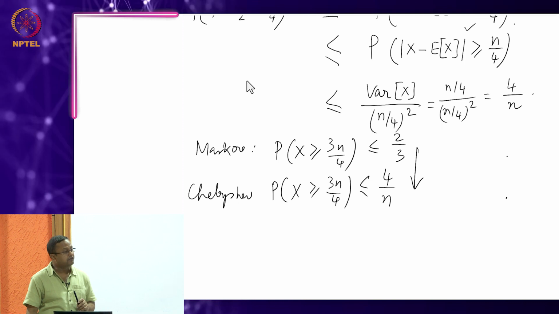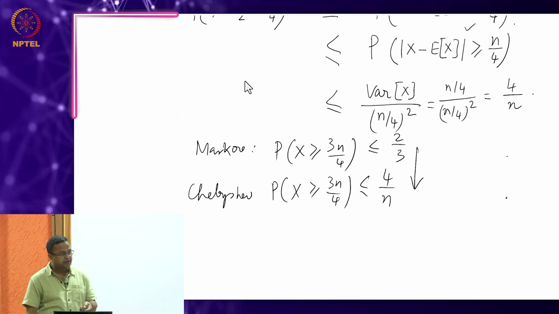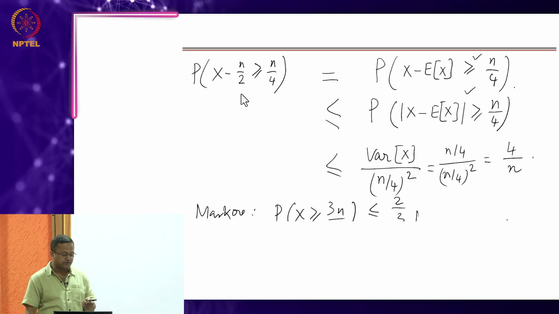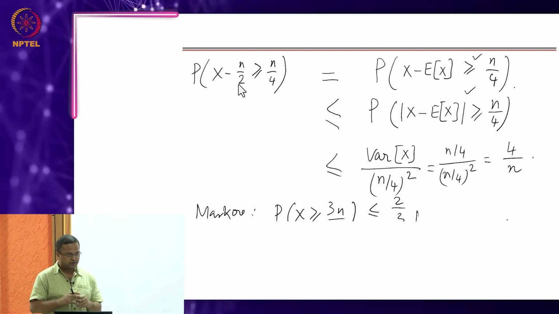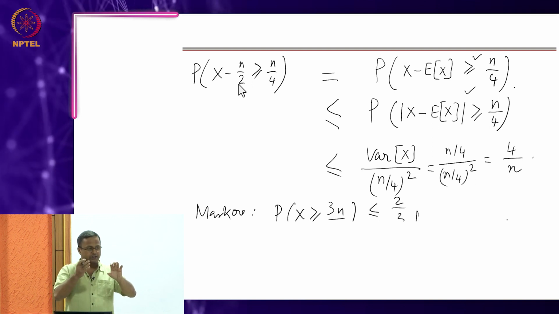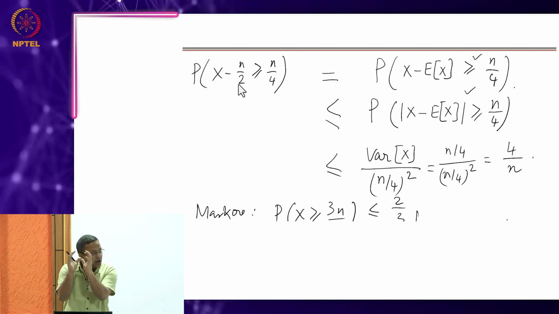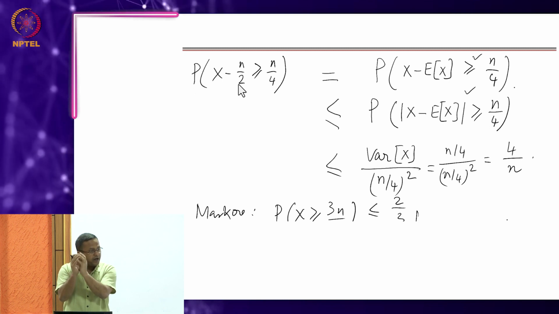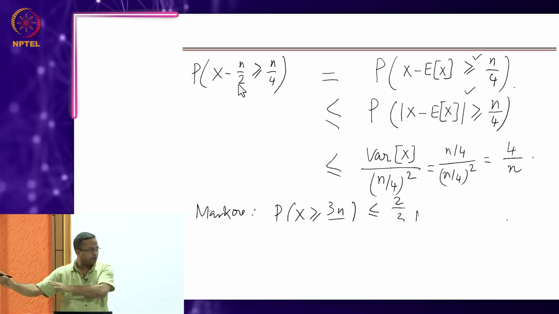Chebyshev had given this for x greater than or equal to 3n by 4, or in terms of the expectation, x minus n by 2, where n by 2 is the expectation. So, the random variable x taking value away from its expectation by greater than or equal to n by 4, this is a very large quantity, right. It required n by 4 to give you a probability of 4 by n.